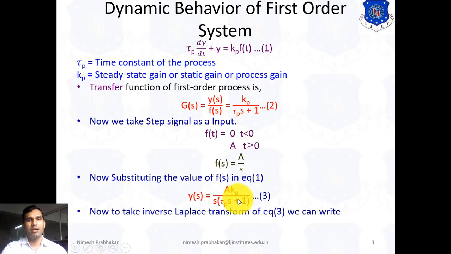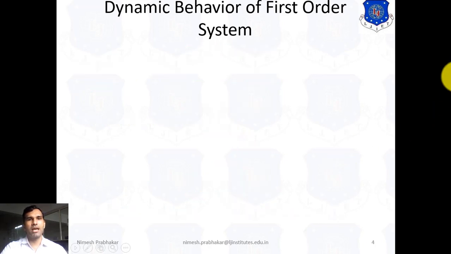Now, to take the inverse Laplace transform of this equation, we cannot directly write the value, so we have to take some assumption, and we can write Y of s is equal to a Kp into A by s plus B by tau p s plus 1.